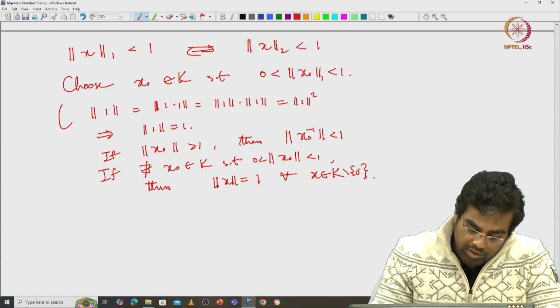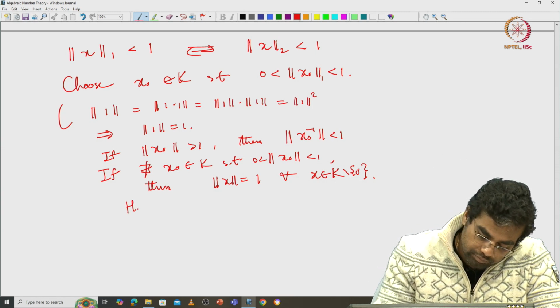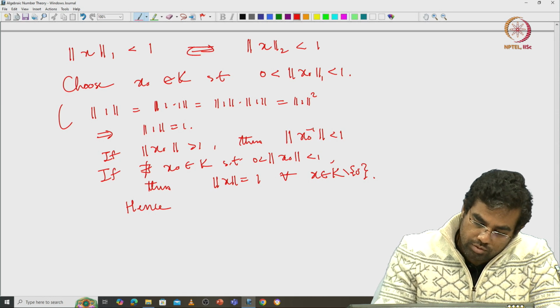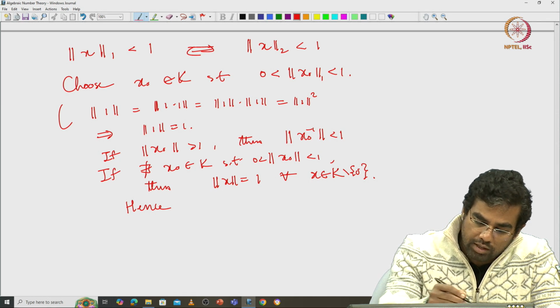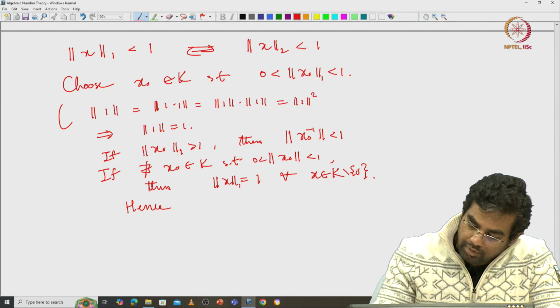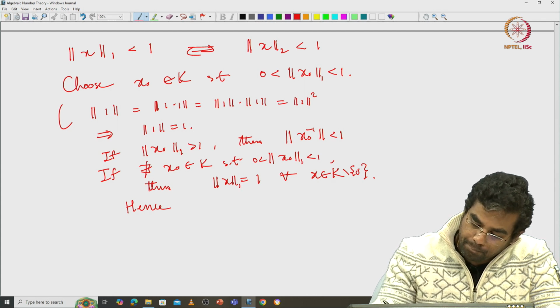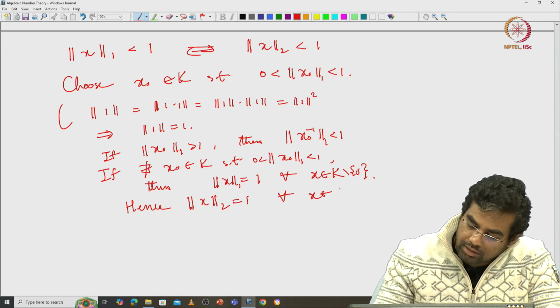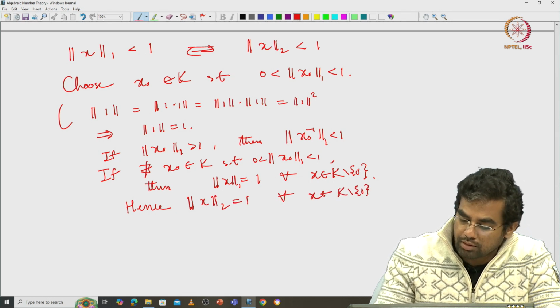So, if such an x 0 does not exist, hence the valuation of x with respect to 2 is also 1 for all x in K minus 0, right.